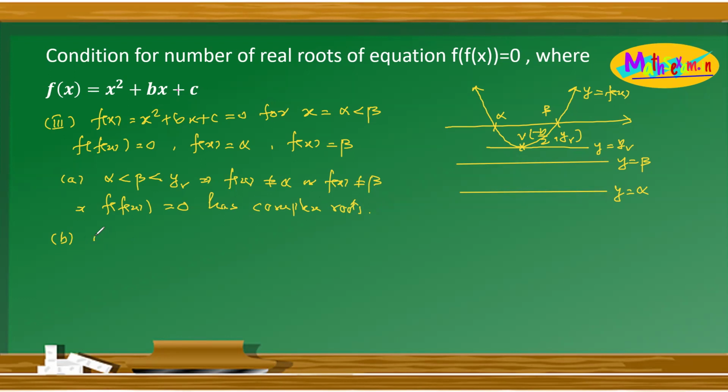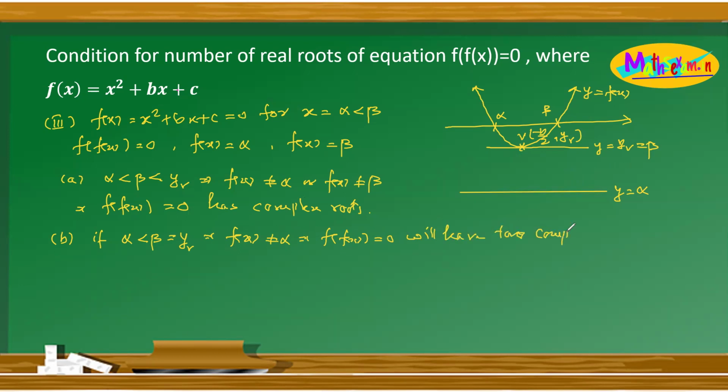Then second possibility, if alpha which is less than beta is equal to y coordinate of V, that means now this time if I say that this value is beta, so in that case f(x) is not equal to alpha, that means corresponding to this, you can say f of f(x) is equal to 0 will have two complex roots, whereas f(x) is equal to beta, because the y coordinate of the vertex is same as beta, so that will give us the intersection of these two will be nothing but the repeated root.